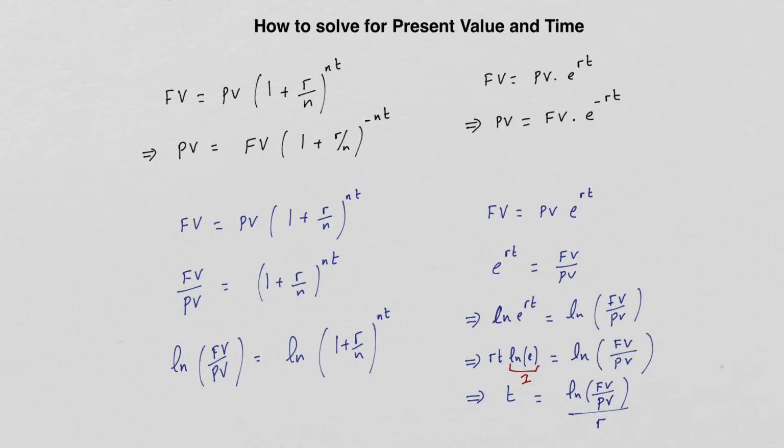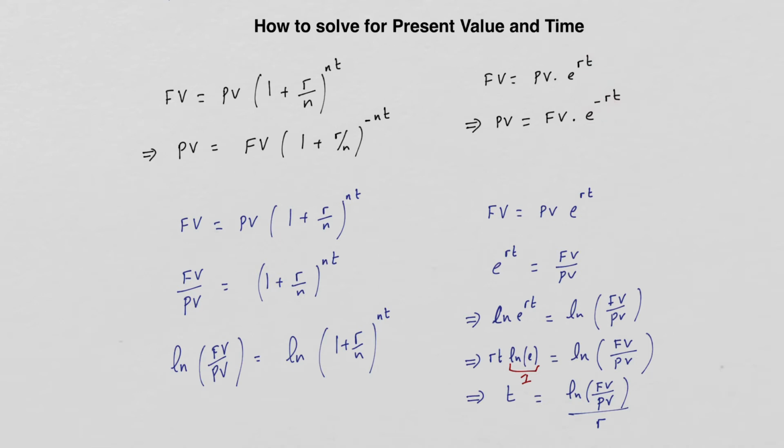Conversely, 1 over 2 to the negative 3 is the same thing as 1 times 2 cubed. So if you don't like to divide by this, you could just multiply by the same thing, but change the sign of the exponents. The same thing goes here. PV is FV divided by this, or PV equals FV times this with a negative sign in front of the exponents.